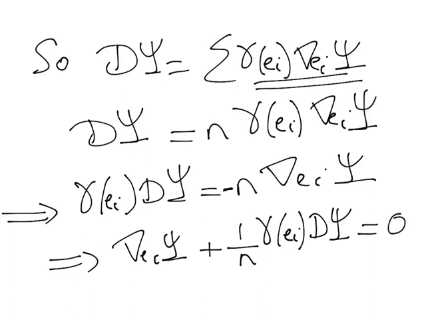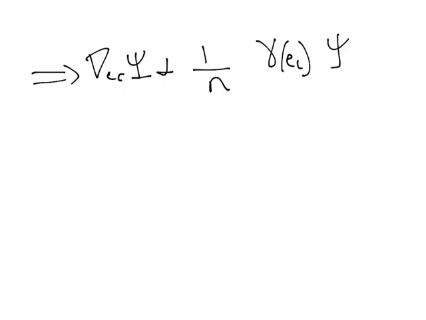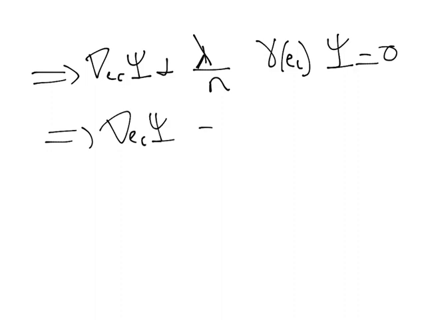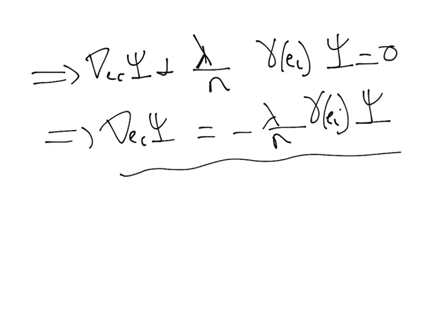But don't forget that psi is an eigenspinor. This is lambda psi, so I get nabla ei psi plus 1 over n gamma ei deep psi is lambda psi, which gives nabla ei psi minus lambda over n gamma ei of psi equals 0, and this is the Killing equation, or a Killing spinor field.